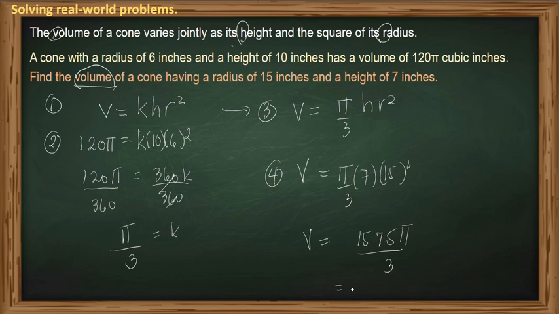Dividing it by 3, we have 525 pi, or to be exact, multiplying by pi, we have 1,649.34 cubic inches. Okay? So, I hope you are getting it correctly.